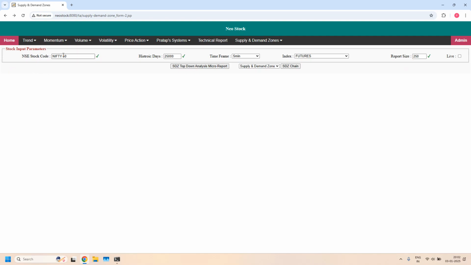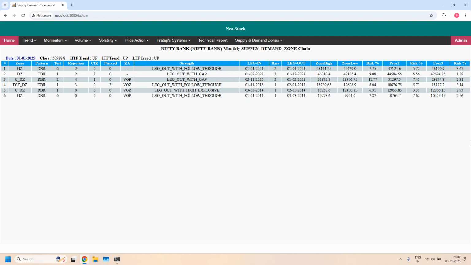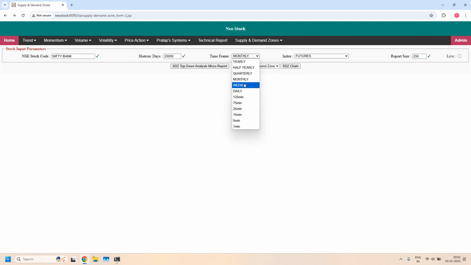Next, let us generate a BANKNIFTY supply demand zone chain. So monthly supply demand zone chain for BANKNIFTY. Next, weekly supply demand zone chain for BANKNIFTY.